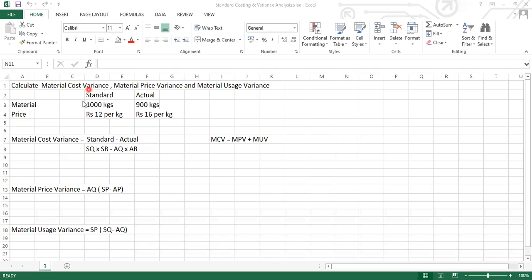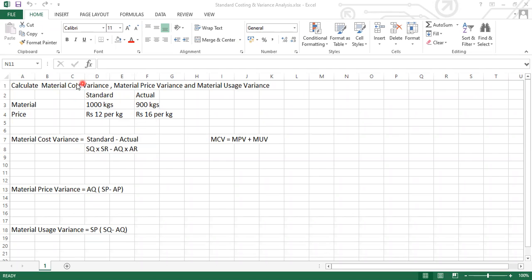They have given the standard material and the actual material information as well as the standard price and actual price information. So we basically need only these four things, because ultimately in all three of our formulas, only the standard quantity, the standard rate, the actual quantity and the actual rate are used.